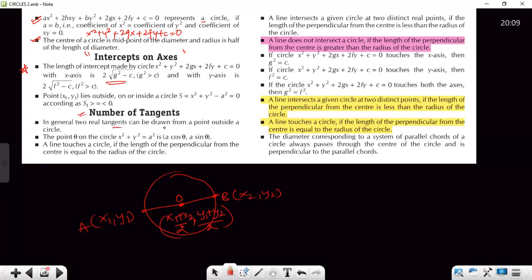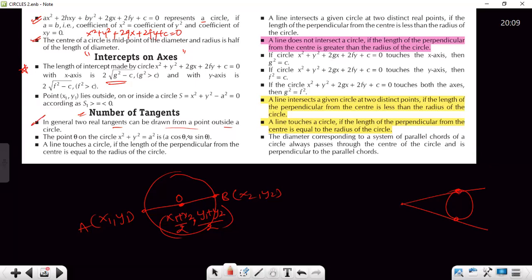In general, two real tangents can be drawn from a point outside a circle, like this.